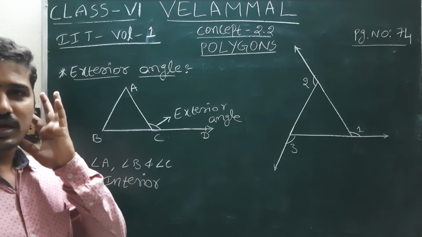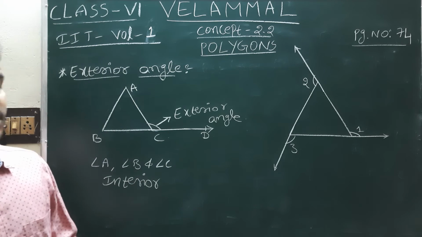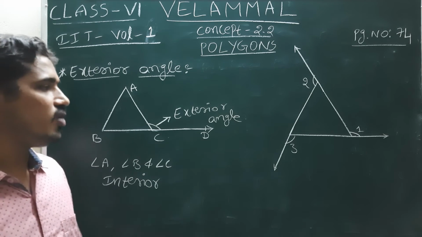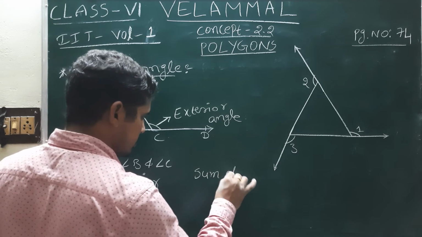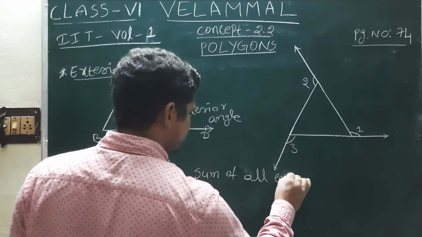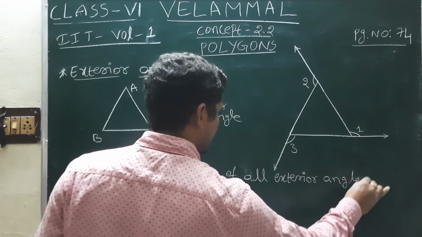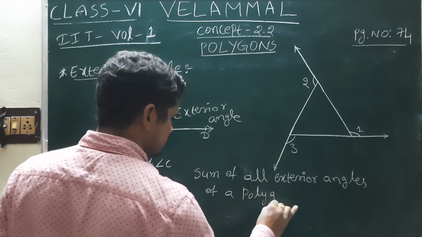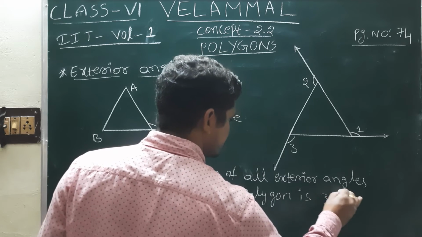Whatever polygon we are taking, whether it is a quadrilateral, pentagon, hexagon, heptagon, octagon, a 20-sided polygon, or an n-sided polygon, whatever you take, the sum of all exterior angles of a polygon is equal to 360 degrees.